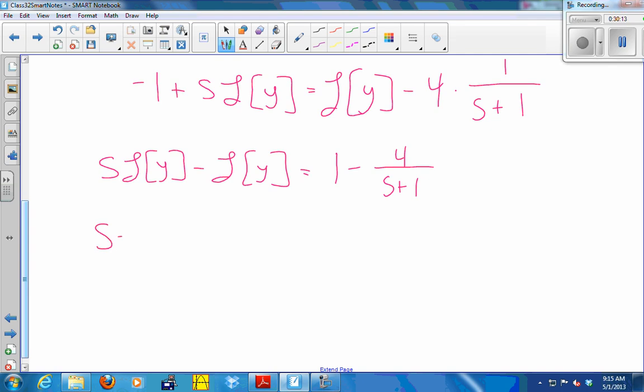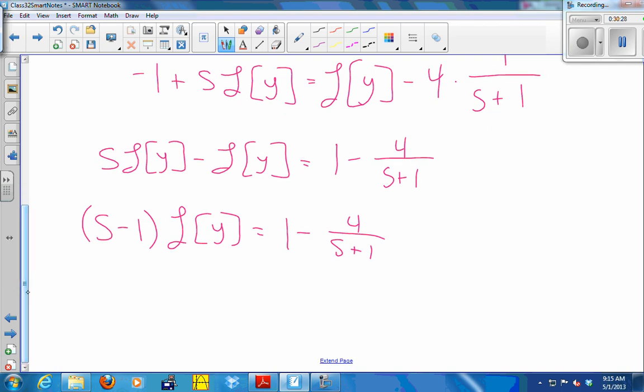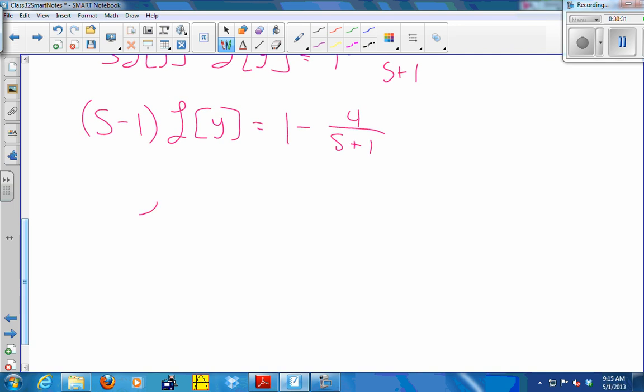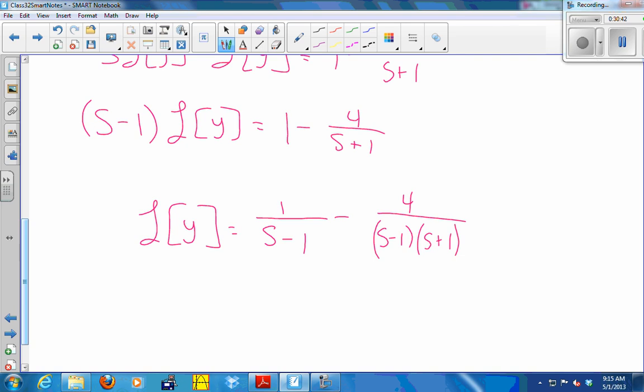So I'm going to have s minus 1 times the Laplace of y equals 1 minus 4 over s plus 1. Divide both sides by the coefficient on the Laplace of y, the s minus 1. So my final thing here is that the Laplace of y equals 1 over s minus 1 minus 4 over (s minus 1)(s plus 1). Yes, this is s squared minus 1, but I'm going to leave it factored for now for reasons that we'll see soon.